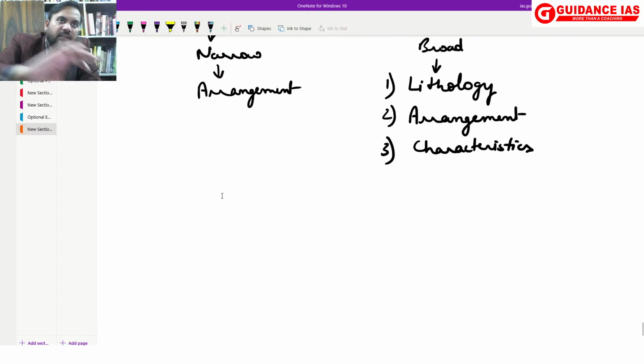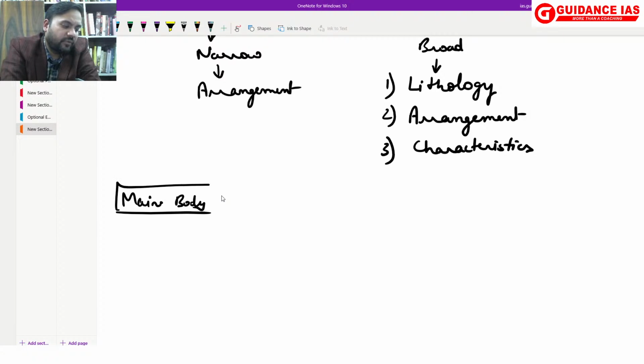So there are three aspects or three meanings of the term structure broadly. First in the introduction you'll explain what is structure, and then in the main body you'll say that each of these aspects of structure affects or controls landform development.